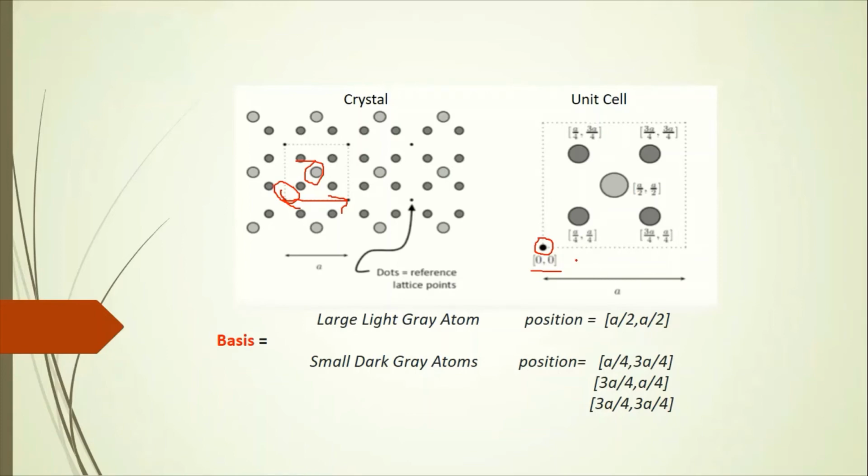Now inside we have different atoms, and they are located at positions a over 4, a over 4, and 3a over 4, and so on, with respect to the positions and unit cell size.